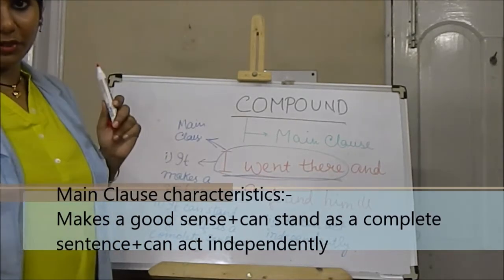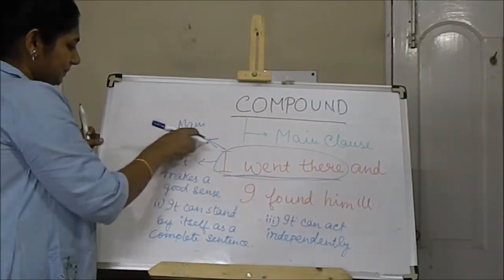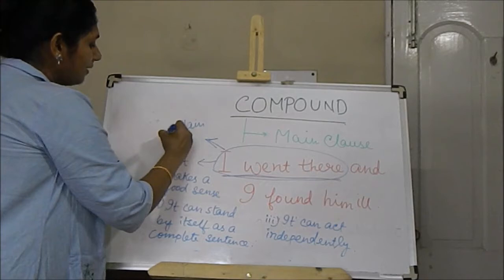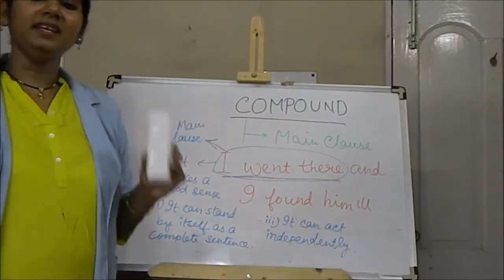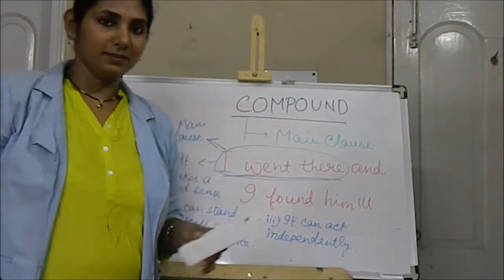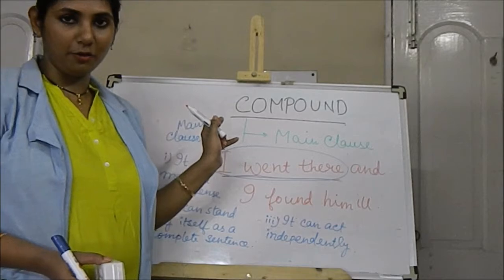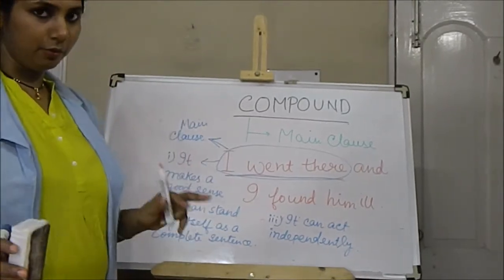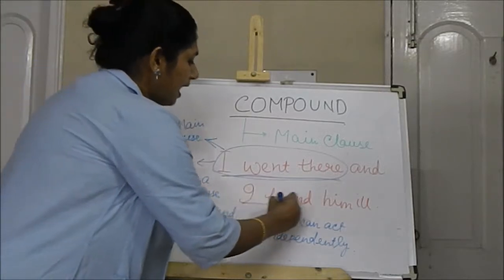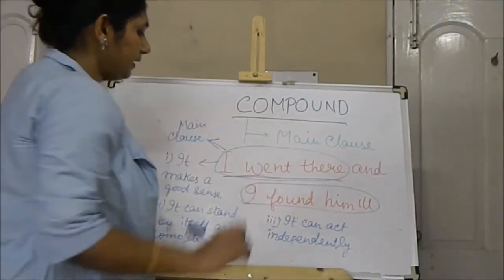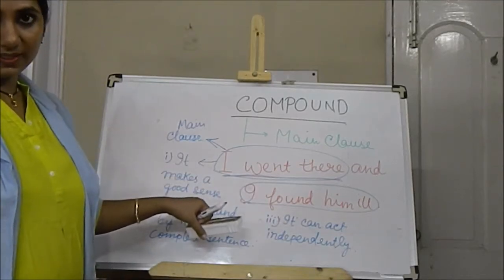Is it clear for you? I think yes. If you have any queries, any confusion, please comment in the comment box. So that's why this part is called a main clause. The same thing goes for this part too. I found him ill. This part also makes a very good sense.